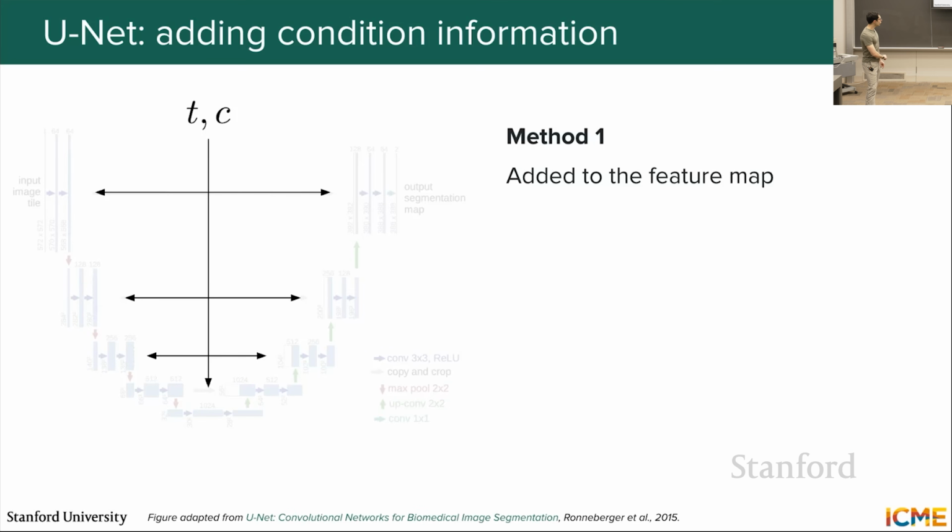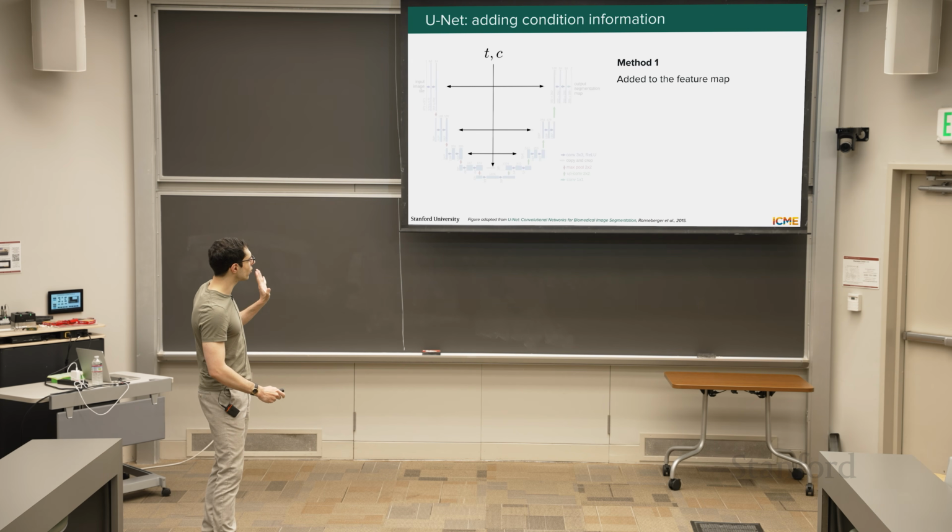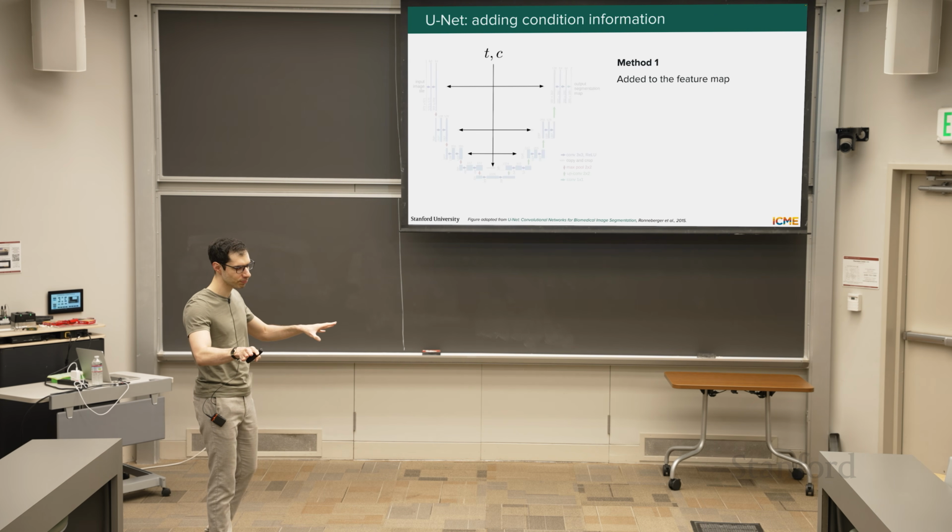Cool. So let's suppose we have a representation of the time step, and we have a representation of the condition. Now, how do you inject it in your model? Well, here again, you have a number of methods. There's no consensus. One is injecting that into the feature map.